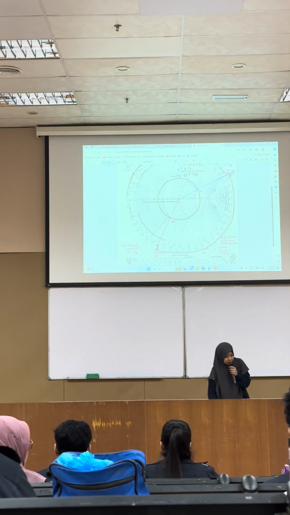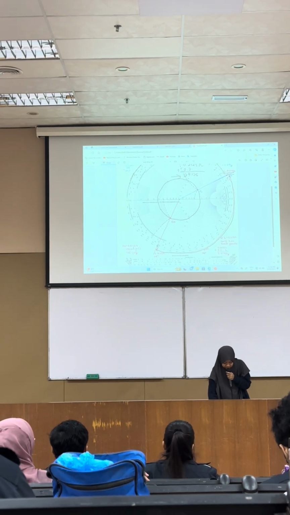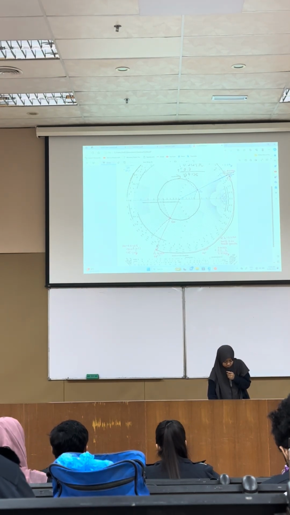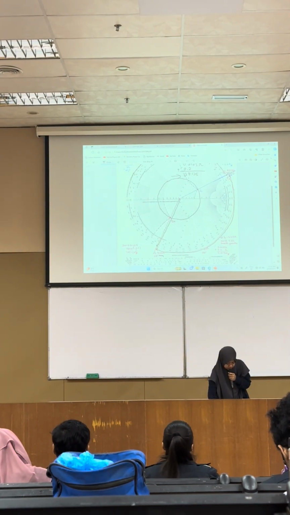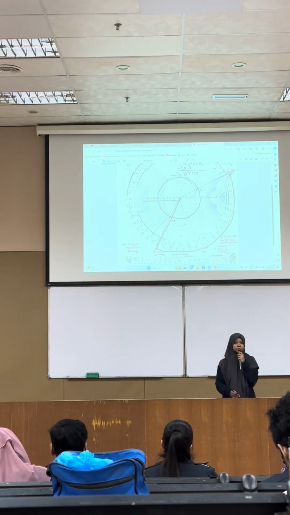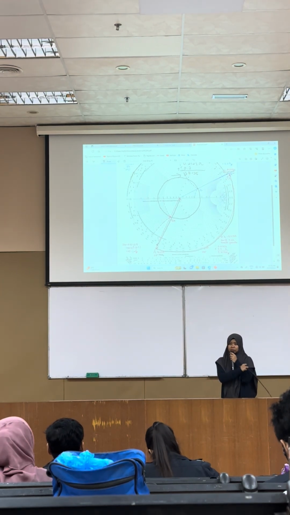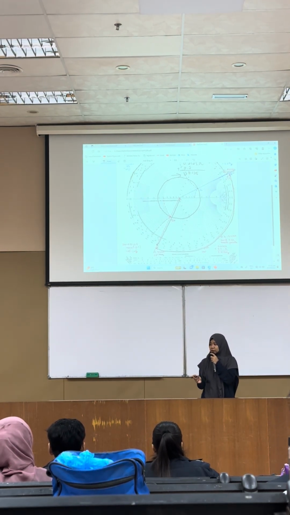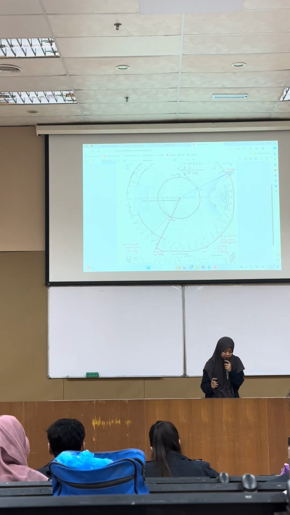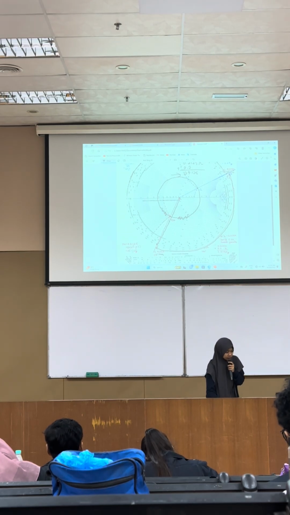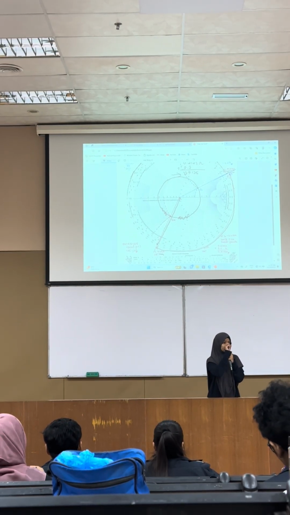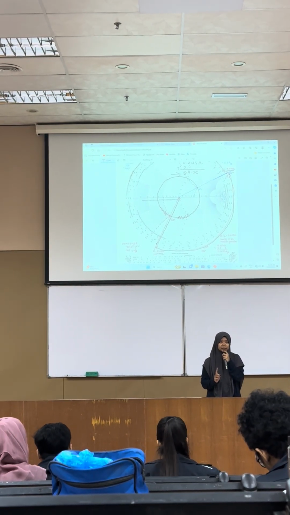Okay, so you draw the line. Okay, starting from the point of 0.4125, okay, towards the inner of the circle, sampai the real value. Okay, dapat? So dapat the intersection between the circle and the line you draw just now. So that is basically the value of Z in.